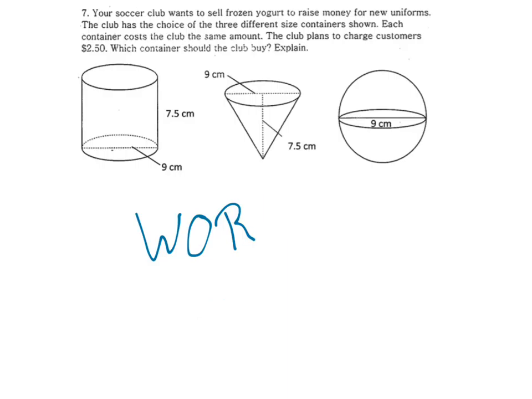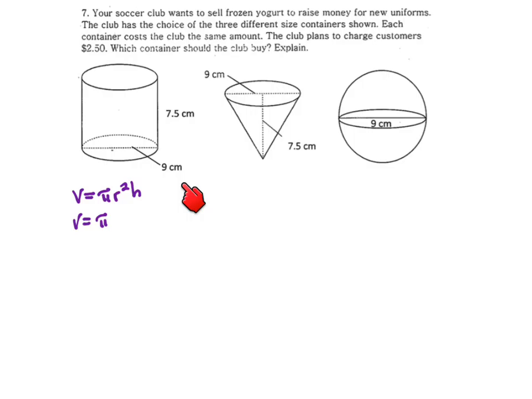All right. So they're trying to figure out which shape they should use. Let's figure out how much yogurt can fit into each of these shapes. Volume for the cylinder is going to be pi r squared times height. Volume equals pi times, well, what's the radius here? It's not 9. That's half of that.